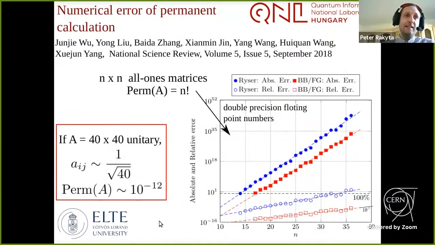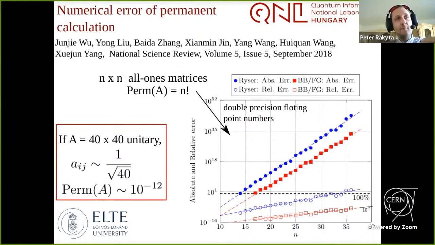But 128-bit number representation is a little bit too much. It's more just a demonstration that we can do it, because it's not necessary to use that high precision to calculate the permanent.